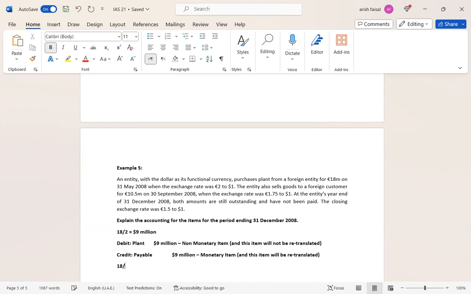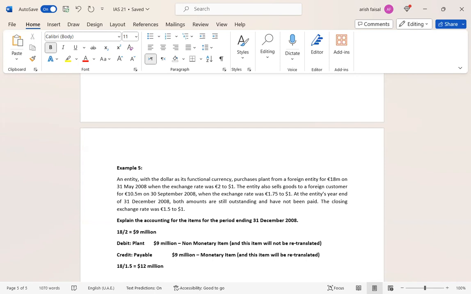So 18 divided by the rate which you have at the end of the year, which is 1.5. 18 divided by 1.5, you will get 12 million. So basically, your liability went from 9 million to 12 million, and that's a loss.